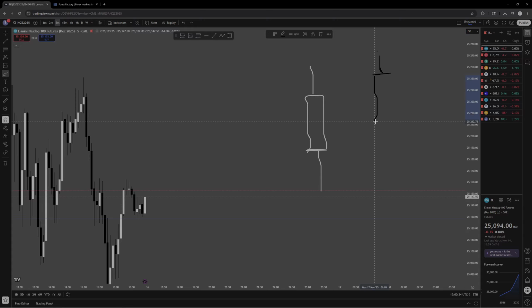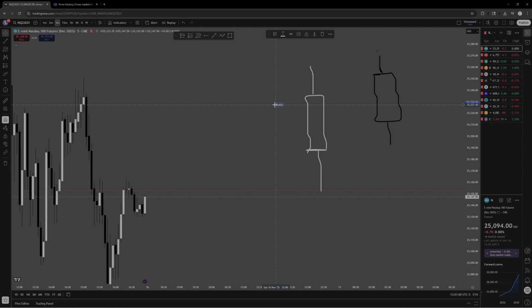We have our close down here, then we'll have the low. And then I can even type this out just to make it make sense. And by bullish, I mean up closing candle, price closed higher than where it opened. Bearish is when it closed lower than where it opened. I'll just type that out.